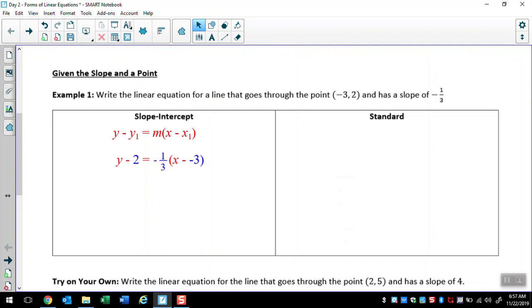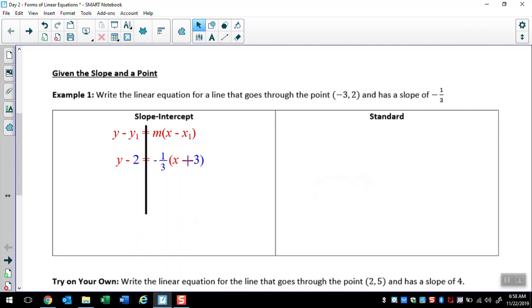All right, the first thing I see here is these double signs, and you know how much I hate double signs. So I can easily push those together into one sign. Two negatives make a positive. So I'd much rather have one single sign there than have two double signs. All right, now the next thing we need to do is start to solve, or not necessarily solve, but we want to get it into slope-intercept form.